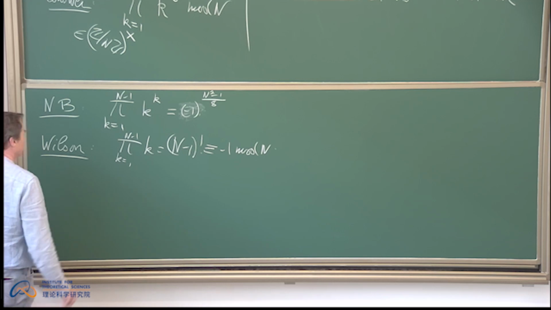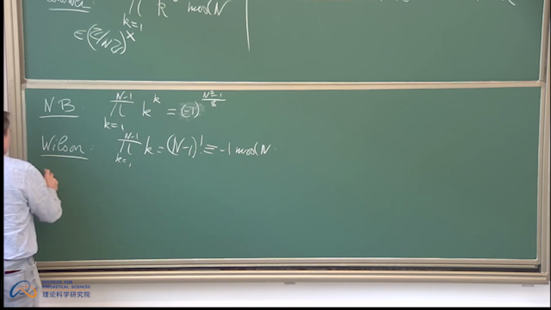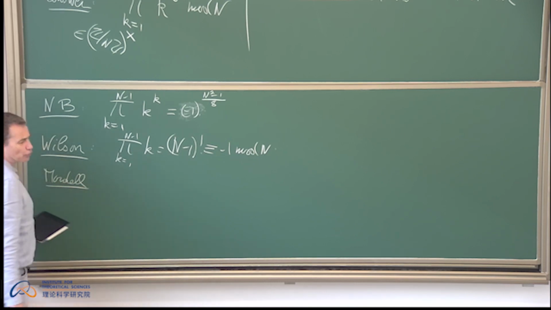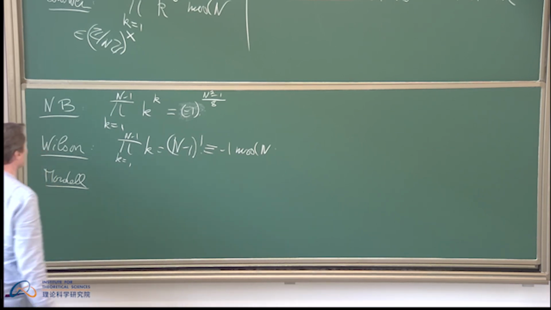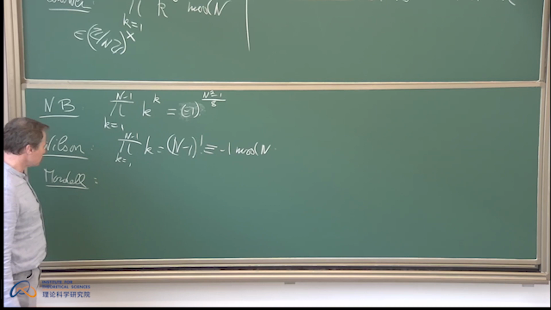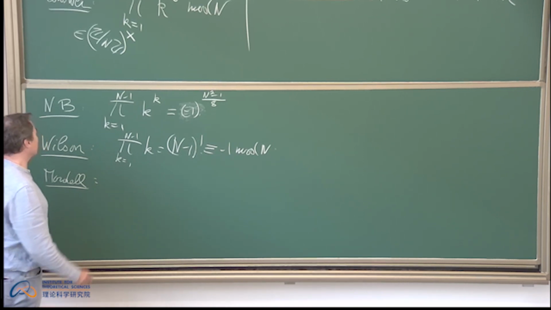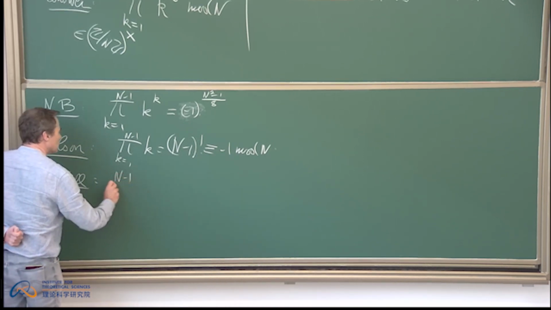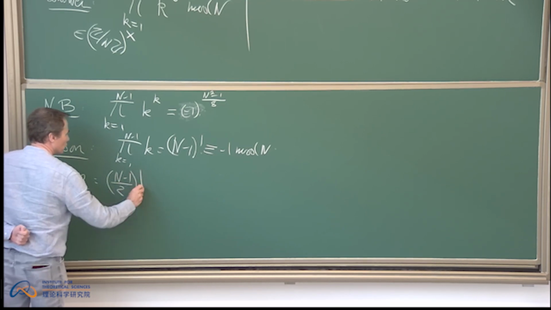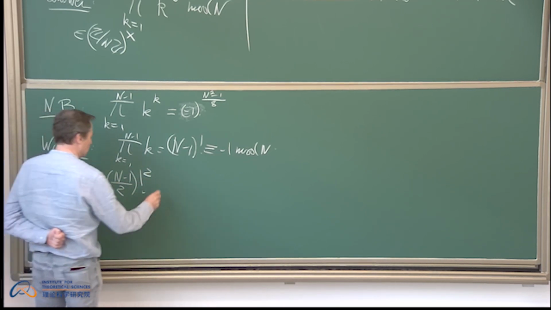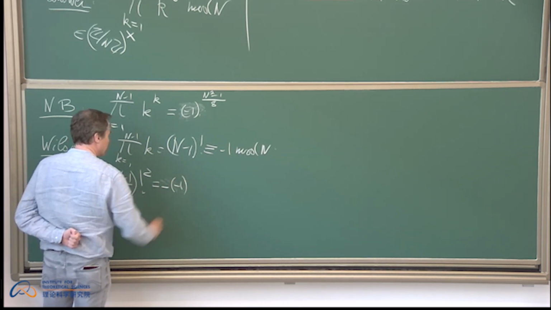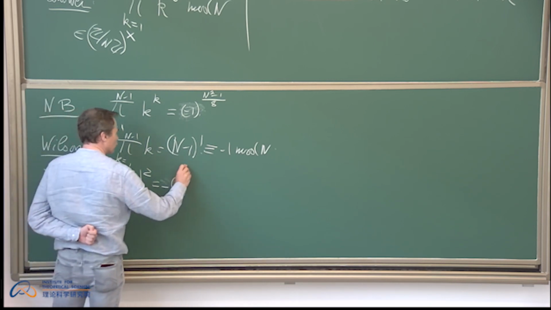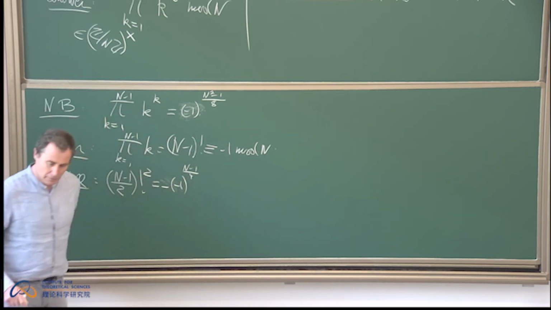There is a sort of a finer thing, which is due to Mertens. Mertens was an American mathematician who worked in Britain a century ago. And what did he prove? So yeah, you can take factorial (n minus 1) over 2. You can square it, and what you get is minus 1 to the power of (n minus 1) over 4. I think that's it.